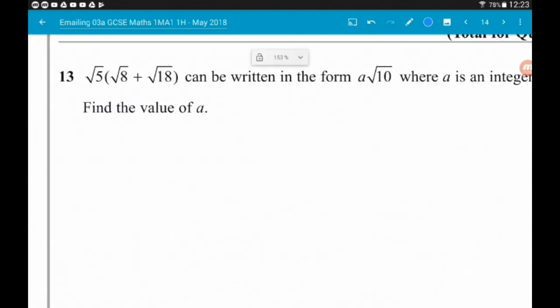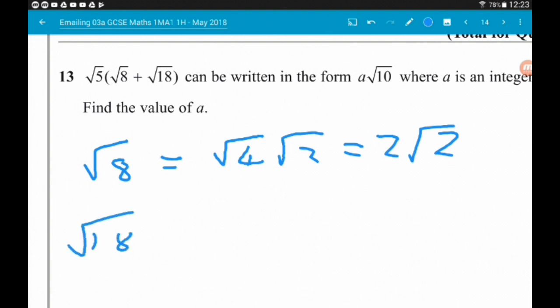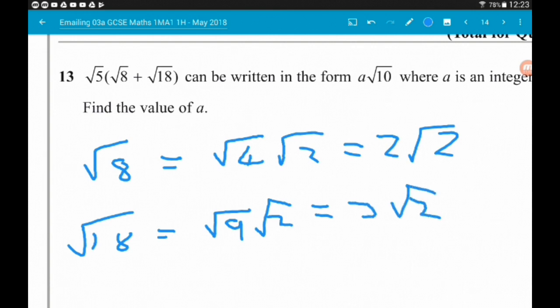So, root 8 can be written as root 4 root 2. Now the square root of 4 is 2, so this is 2 root 2. Root 18 can be written as root 9 root 2, which is 3 root 2.